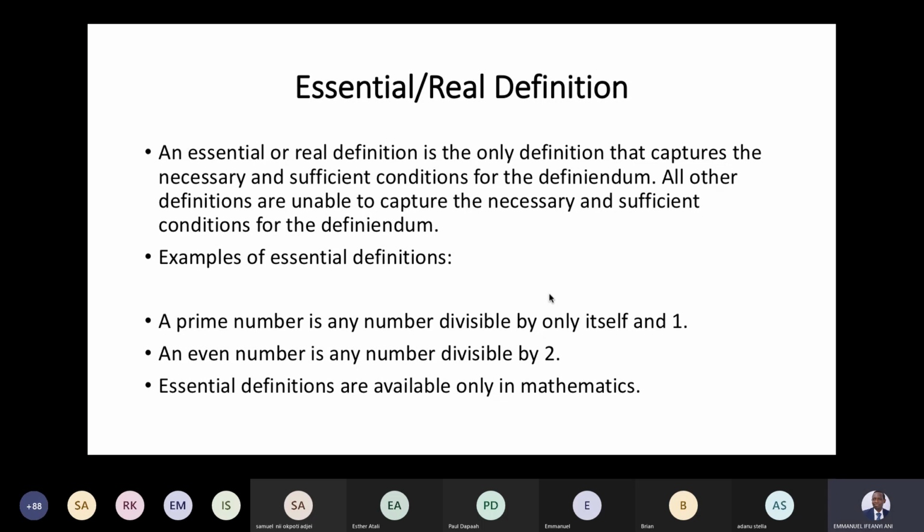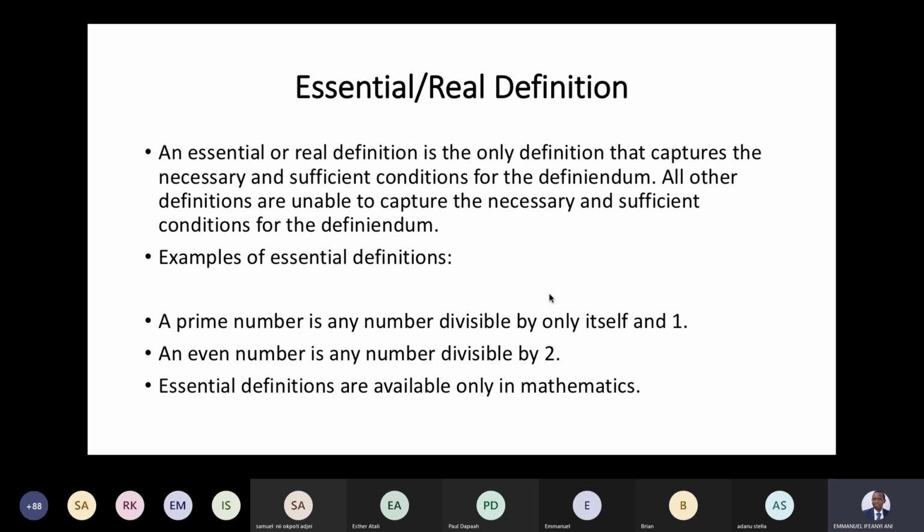So when you look at this definition of a prime number, any number divisible by only itself and 1, the definiens contains the necessary and sufficient conditions for the definiendum. Once you see that a certain number is divisible by only itself and 1, then it must be a prime number.